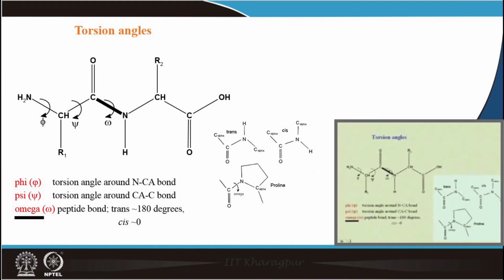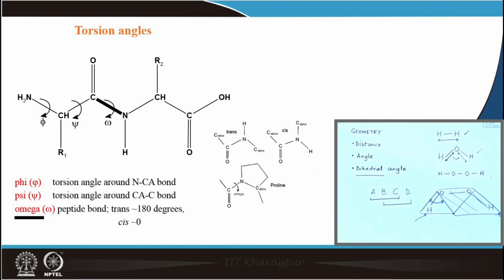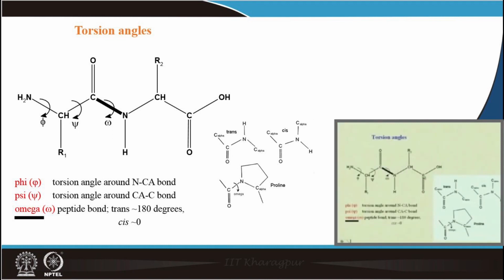Why is this one amino acid? Because this has an amino group here, a C alpha group here and a carboxylic group here. So this has to be one amino acid. This is the previous amino acid. It has to be because it begins with an amino terminal, the C alpha and the C, the carboxylic group, end of this amino acid.